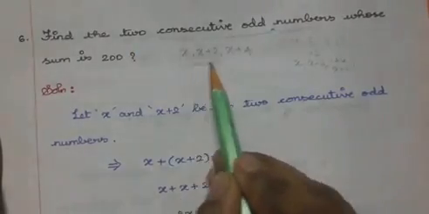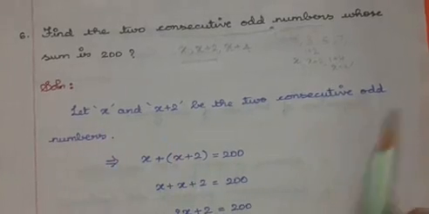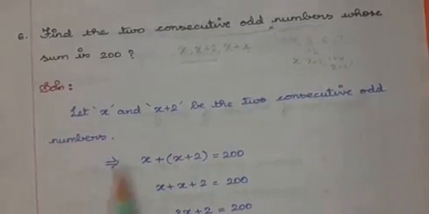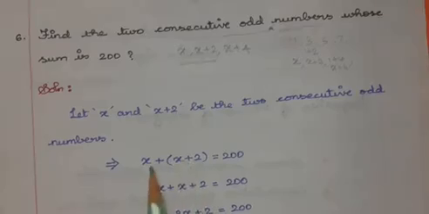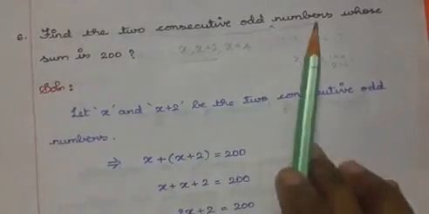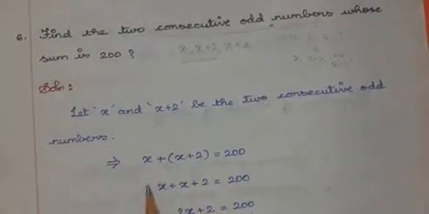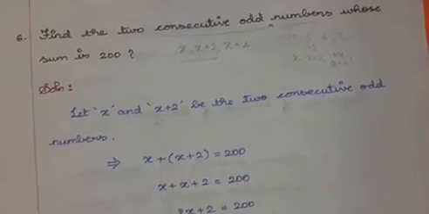So we are going to take the first two numbers. Let x and x plus 2 be the two consecutive odd numbers. So this implies, when you add these two odd numbers, you will be getting 200. Find the two consecutive odd numbers whose sum is 200. So when you add these two consecutive odd numbers, you will be getting 200.